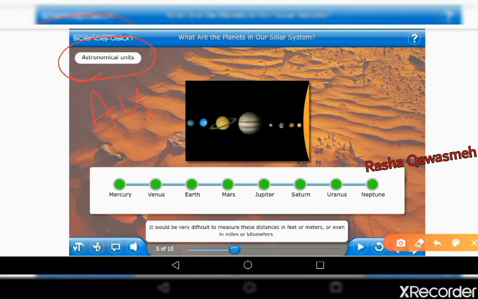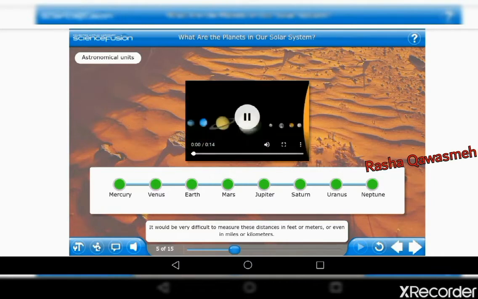AU is astronomical units. With astronomical units, we compare the distances of the planets according to the Earth. So the standard distance is the Earth, and we say that Earth has 1 AU.